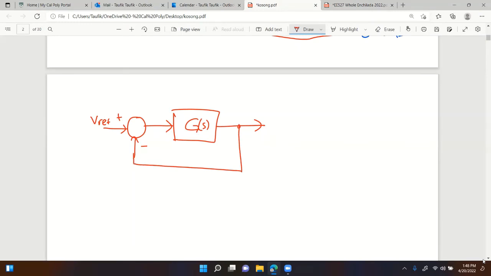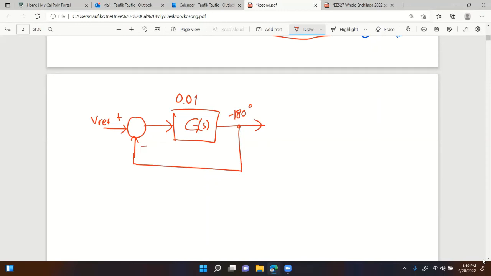Now, if you have a phase angle of minus 180 degrees, we already know it's bad, and it will be even worse if the gain is equal to 1. If the gain is less than 1, let's say a gain of 0.01, then we still have a chance of having a convergence instead of divergence.